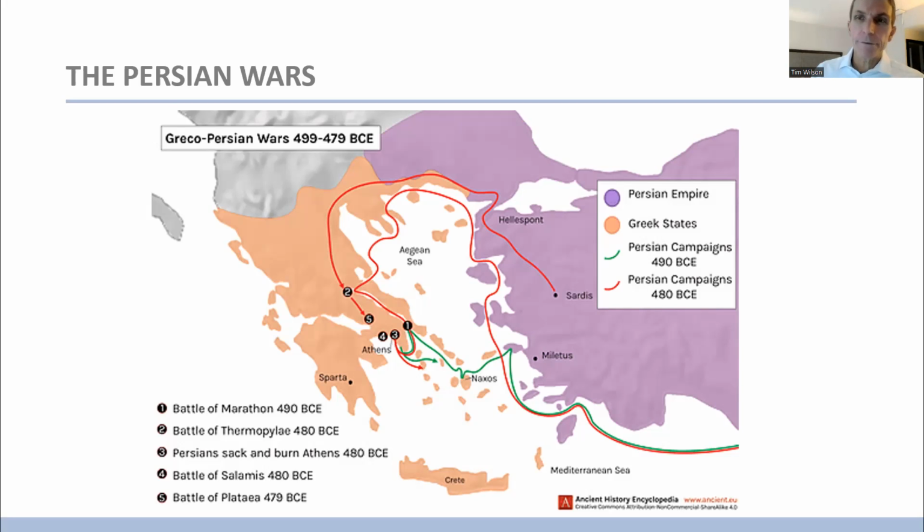So, as I said, the Athenians decisively contributed to the Greek victory over the Persians in these two wars, and because of their victory, the Greeks managed to maintain themselves as distinct city-states and cultures.